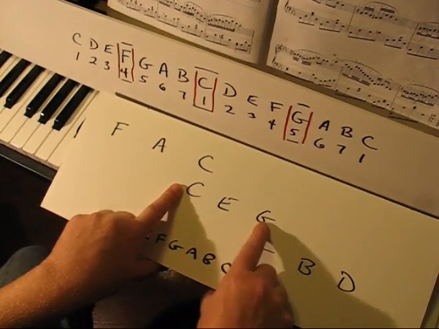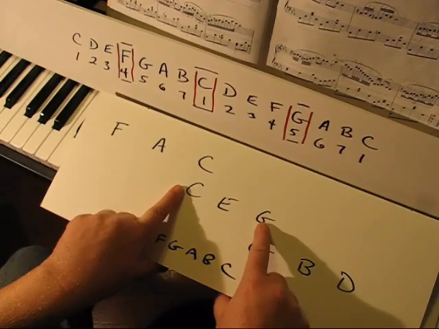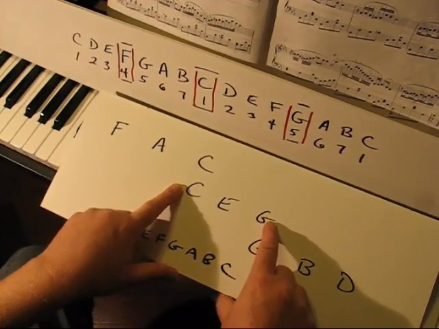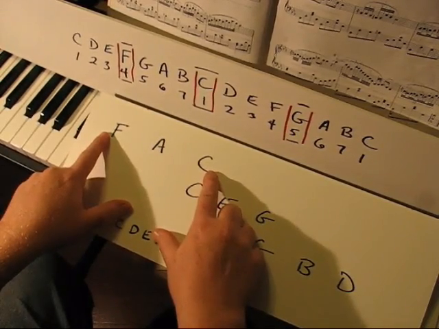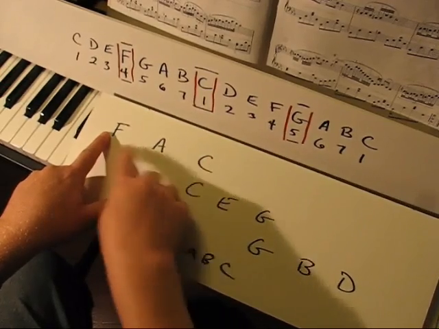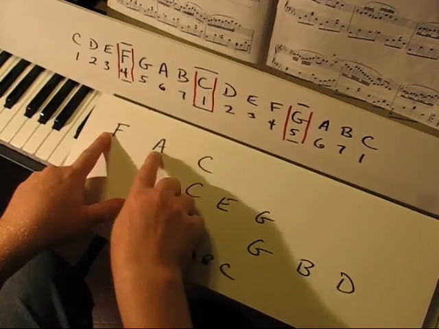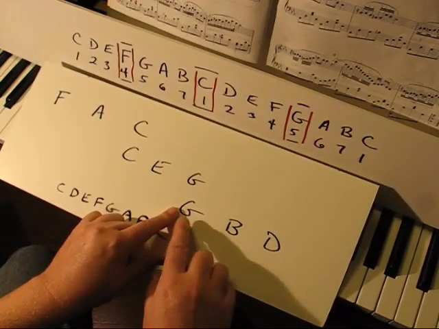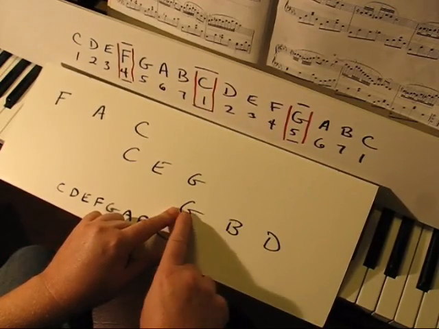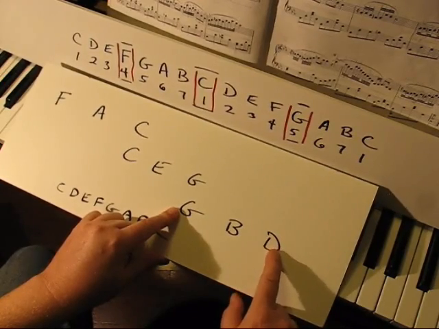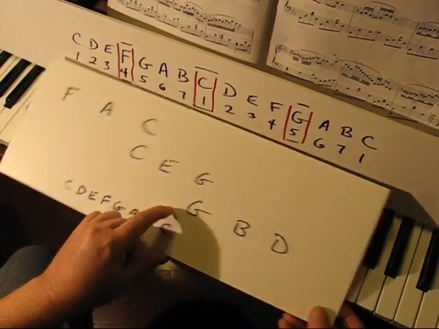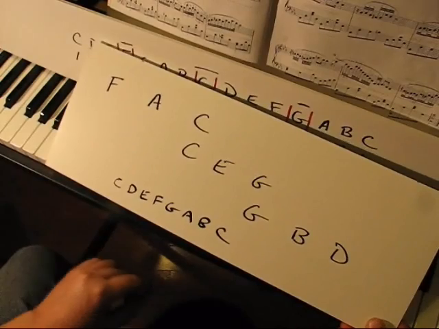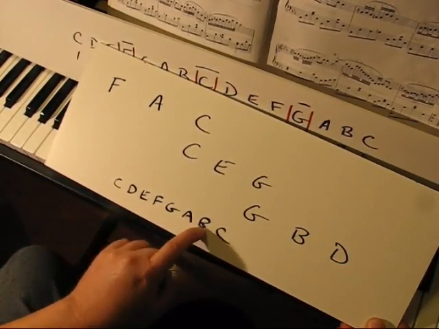So C, E, and G is the major chord for the one, the first note in the scale, the one chord, C, E, and G. The four chord is F, A, C. The fifth of F is C. The major third from F is A. And then on our fifth chord, the chord on the fifth degree of the scale, which is G, its major fifth is D, its major third is B. So if you take F, A, C, C, E, G, G, B, D, you get the major scale, C, D, E, F, G, A, B, C.